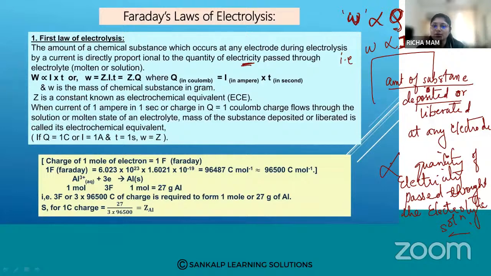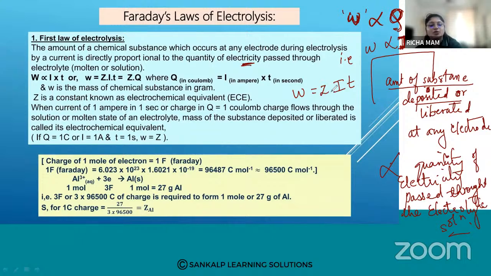Coulomb can also be expressed as I into T, that is, how many amperes are passed in how much time. If you remove the proportionality sign, then W is equal to Z into I T, where Z is the electrochemical equivalent.